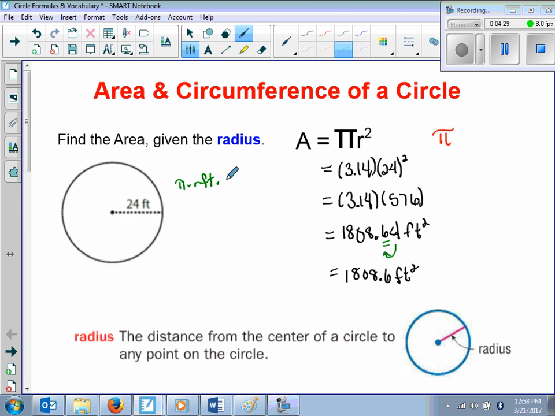And since I'm squaring it, that means it's going to be r times itself. You with me? So this is going to be times another r feet. So that's going to be pi times radius, that's feet times feet, which is feet squared.